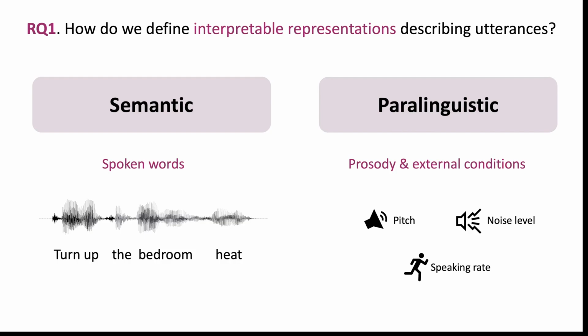We also have a set of paralinguistic information that composes the utterances, such as the prosody, as the pitch and the speaking rate of the speaker, or external conditions such as the noise level. So we want to understand the impact of these two components, the semantic and the paralinguistic, on the output.